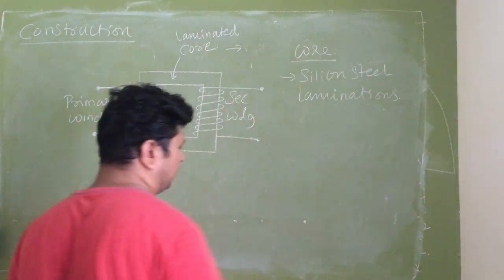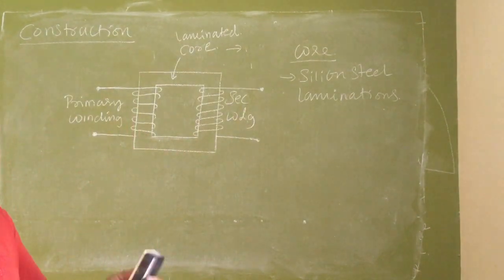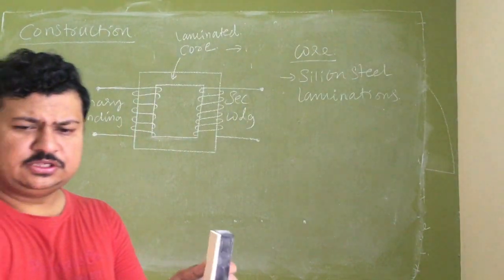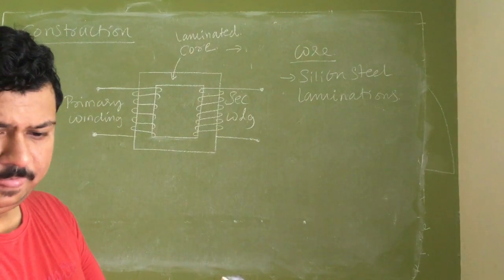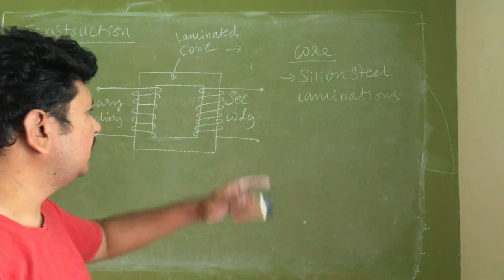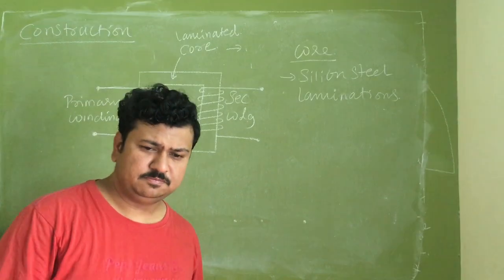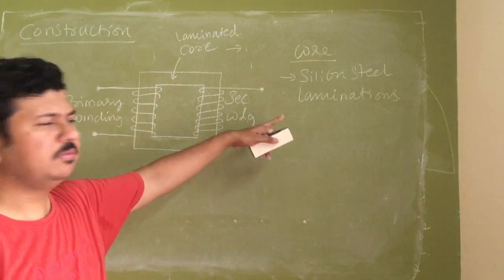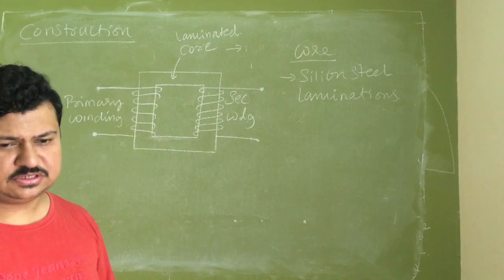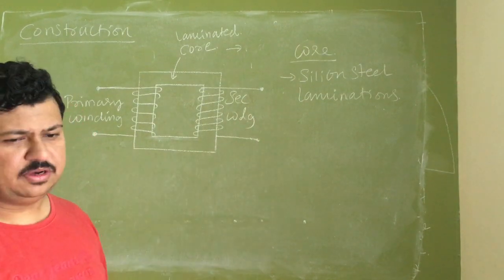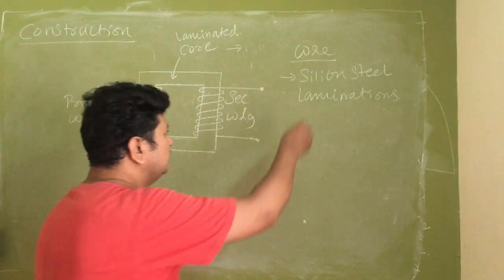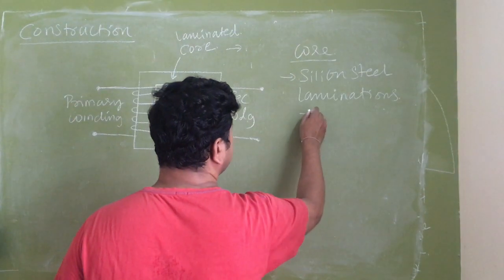See, the core of the transformer is not solid. This is the solid thickness, okay? But the core of the transformer, or in general, the core of any electrical machine, is not made up of solid material. It is made up of silicon steel laminations. Silicon steel is nothing but mild steel.